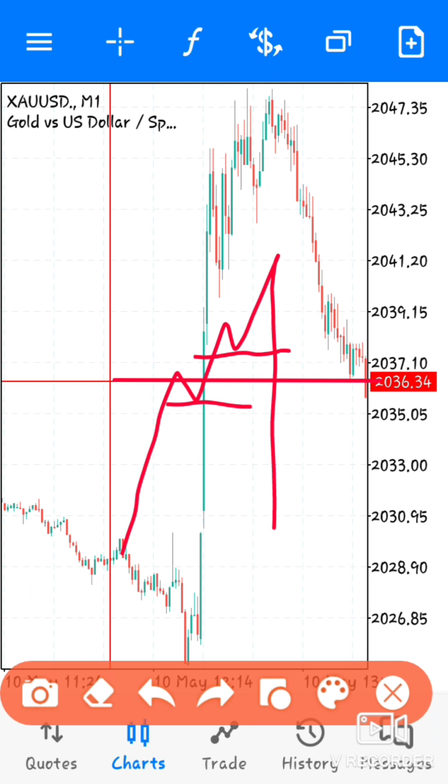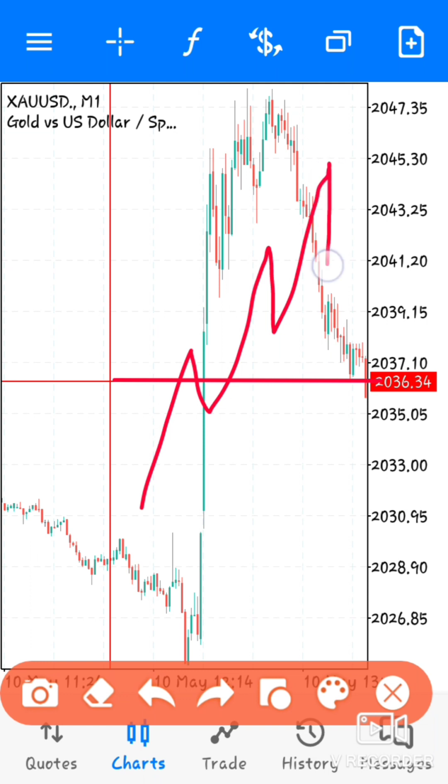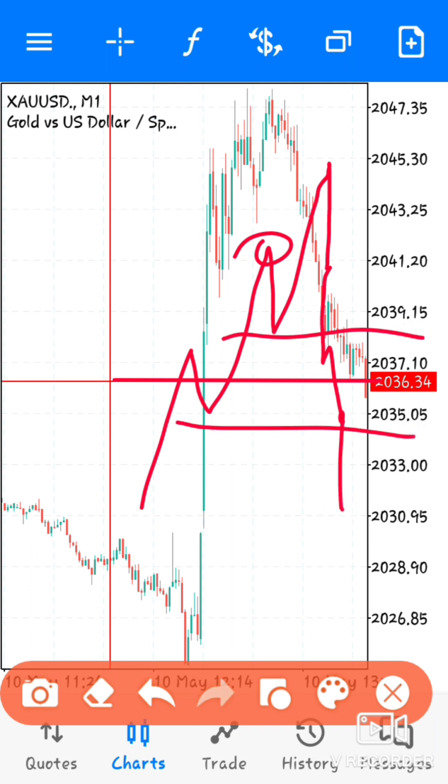Because if price was to continue going up, when coming down to this place, it should have reversed from here, but it didn't. Coming down to this level, it should have reversed from here, but it didn't. Instead of reversing, you see price keep pushing down, break this support and break this other support as well.